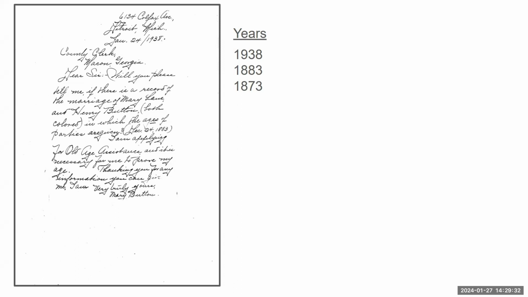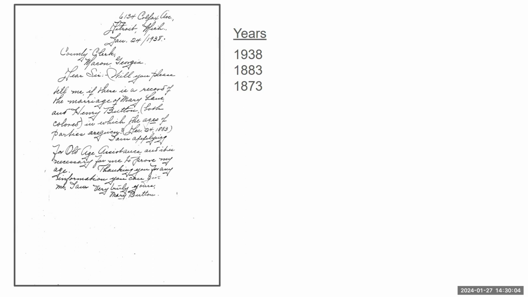"Dear Sir, will you please let me know if there's a record of the marriage of Mary Lane and Henry Button, both colored, in which the ages of the parties are given, and in parentheses is the date they married, December 24th, 1883. I am applying for old age assistance, and this is necessary for me to prove my age. Thank you, etc."